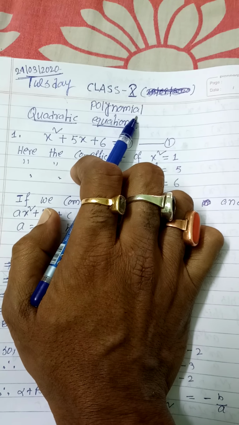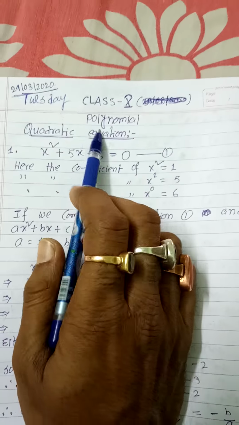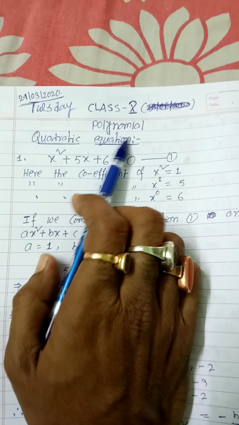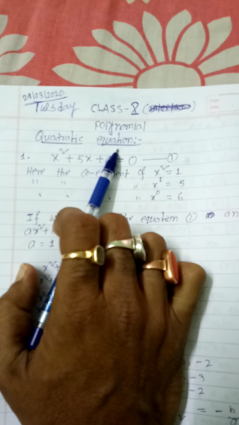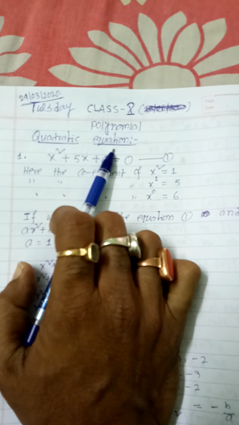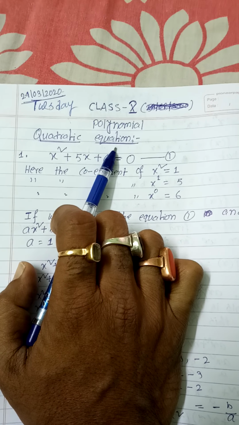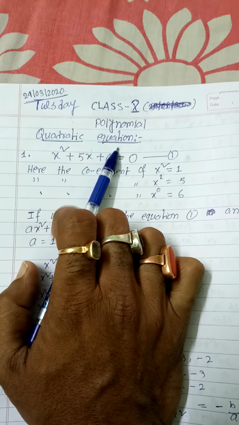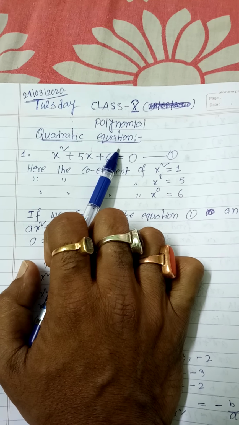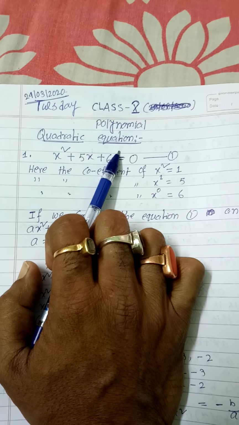We already told what a polynomial is, how we express a polynomial, and what the definition of a polynomial is. You know that, right? A polynomial is any algebraic expression related to some variables and some constants.